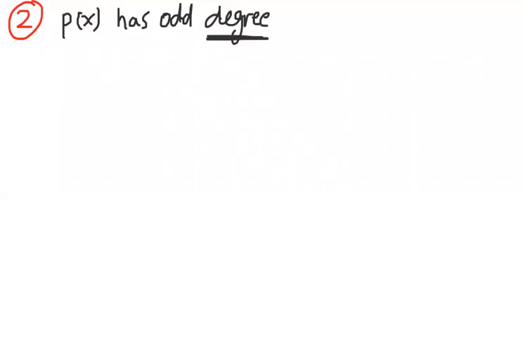The degree is, like I said before, the highest power. And the leading coefficient is negative. The leading coefficient is an, and it's negative. So the graph looks like that.